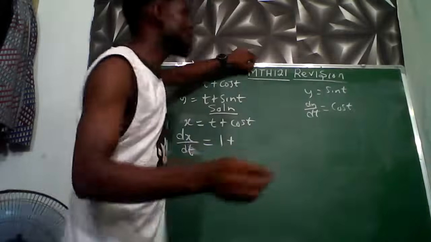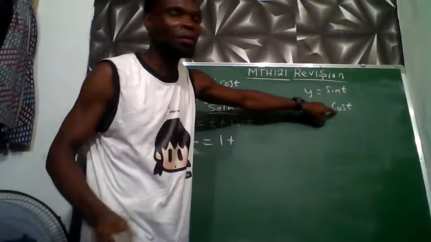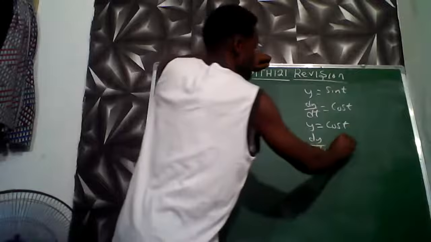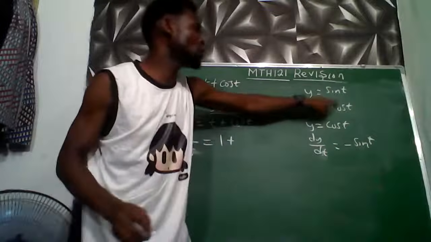Don't forget that if y is equal to sin t, dy/dt will be equal to cos t. Then if you differentiate cos t, that is, if y is equal to cos t, dy/dt rather will be equal to minus sin t. So if you differentiate sin t, you get positive cos t.